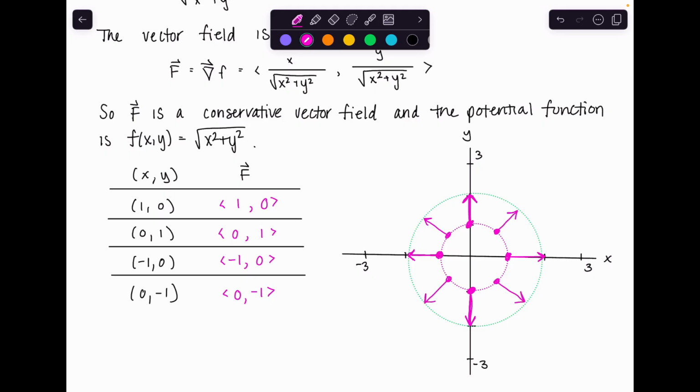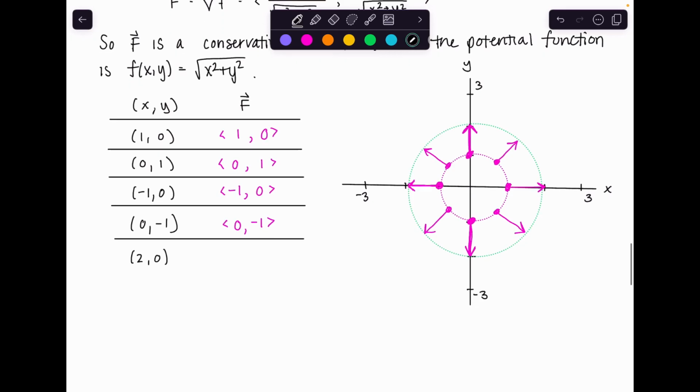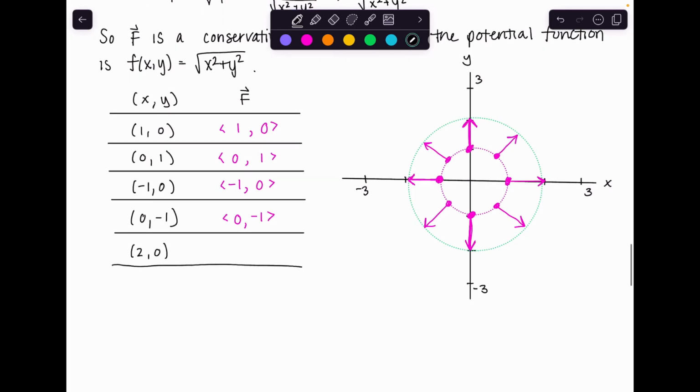Okay. Then let's do the same thing, but on the circle of radius 2. So we'll pick the points 2, 0, then 0, 2, negative 2, 0, and 0, negative 2.